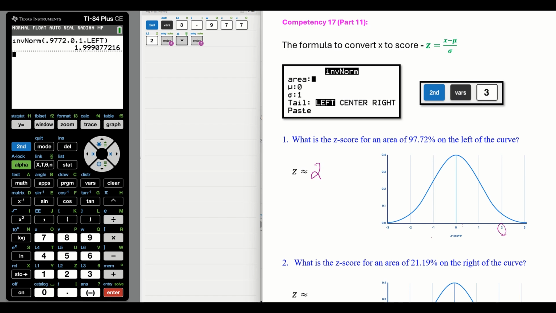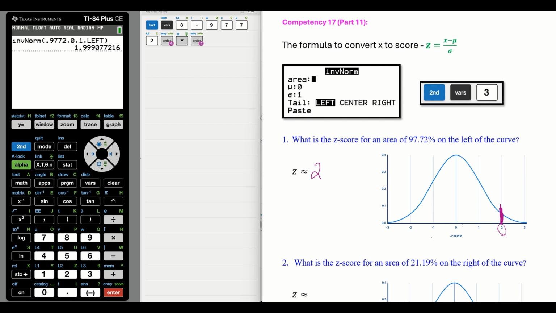Now, here's the thing. This is our line right here. I'll highlight that. So we have a z-score of 2. And they said on the left of the curve. Which side we want, the left or the right, depends on the problem.